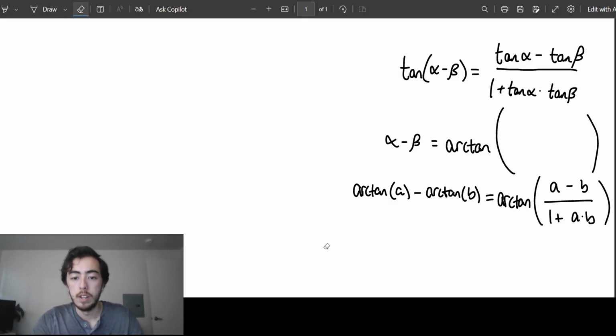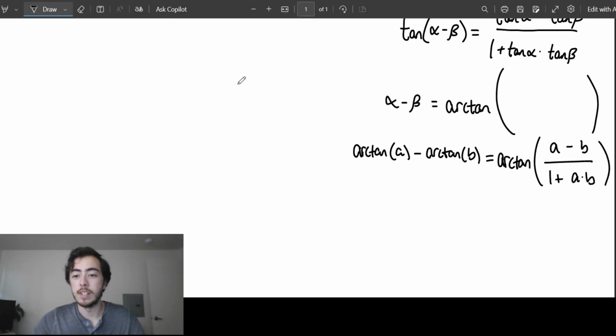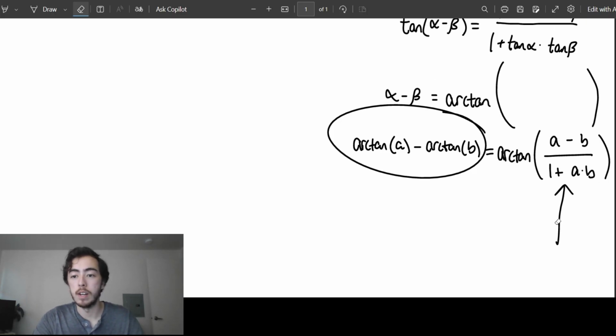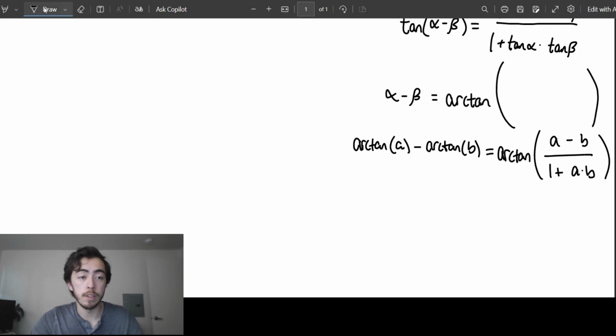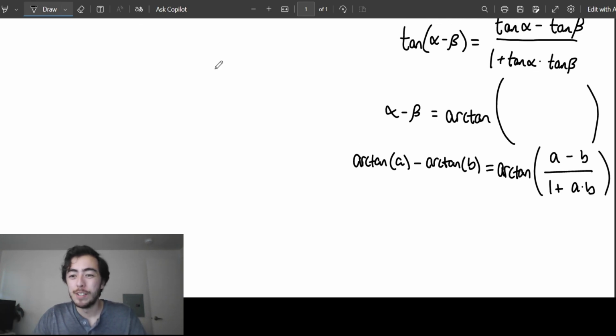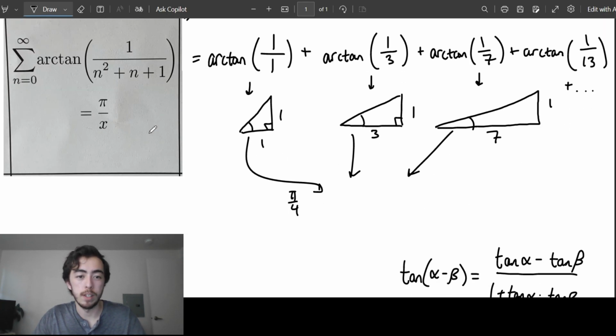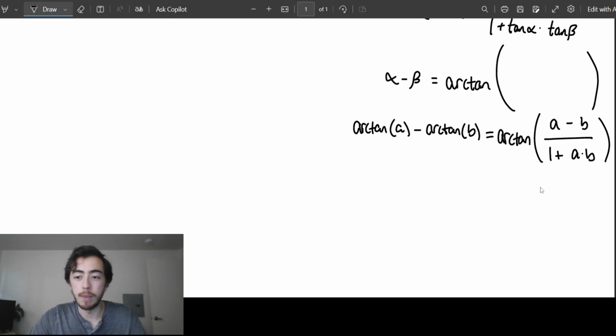Okay, so what this formula says is that if I have arctangent of a very specific fraction, I'm able to split the single arctangent into a difference of arctangents. And I'm hoping this is going to work so that we can cancel out a lot of terms. So we need to somehow make 1 over n squared plus n plus 1 look like an (A minus B) over (1 plus AB).